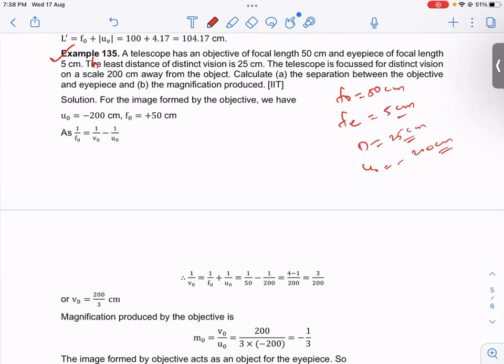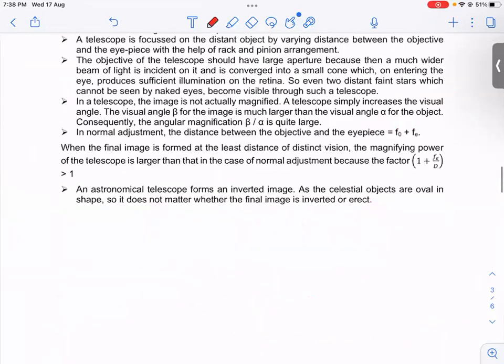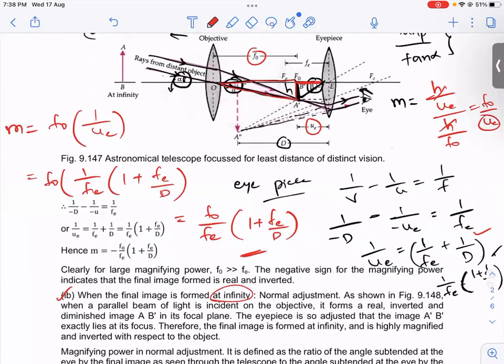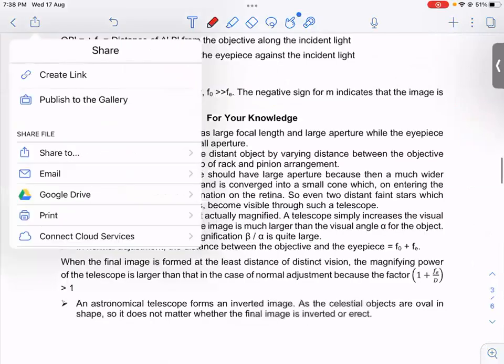So when it is like this, the distance will be f naught plus UE. That is going to be the distance between the objective and the eyepiece when the image is formed at the least distance of distinct vision. Try to solve this.